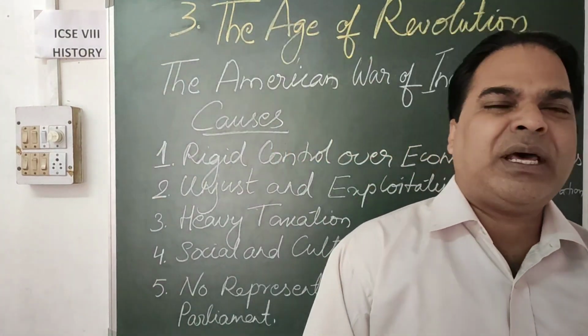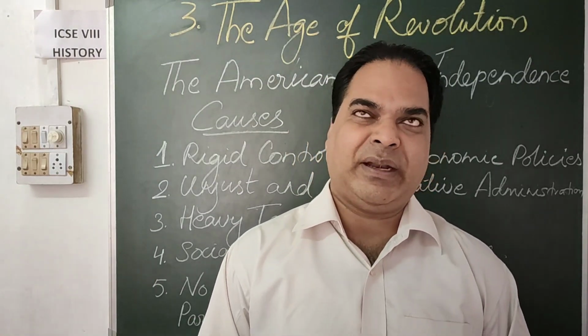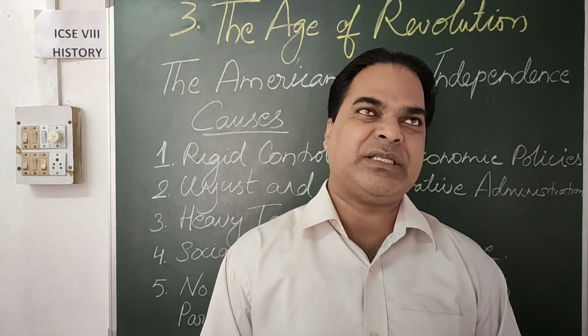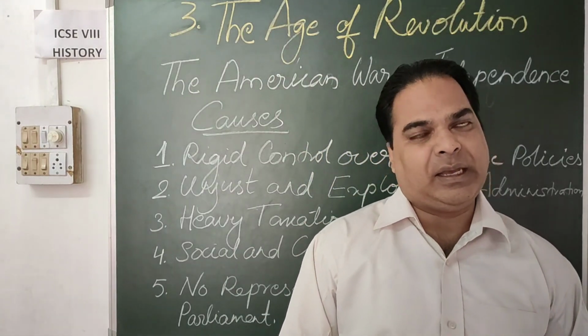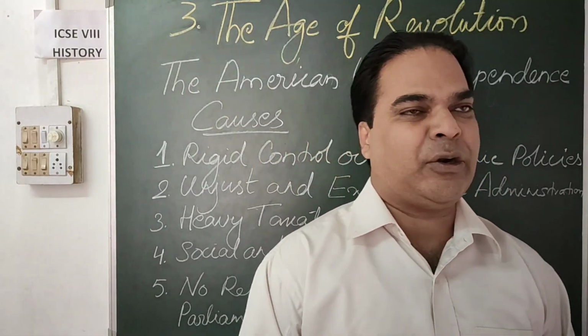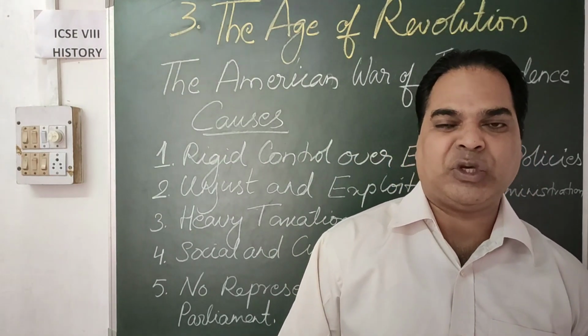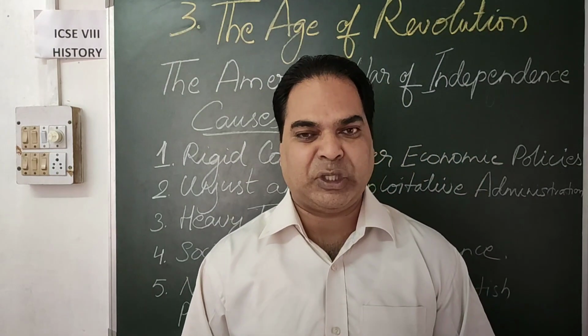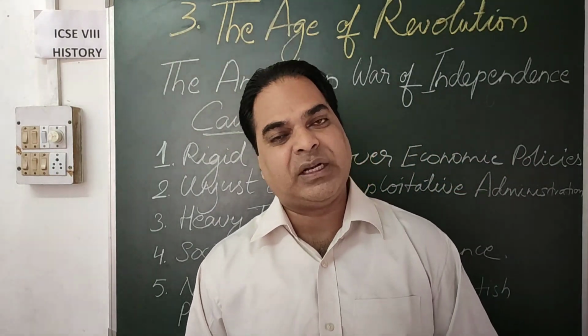Okay, so now the American War of Independence. Why was there a war for independence? North America was discovered by Christopher Columbus, and later on many people from Britain and France who had been facing religious persecution went and settled there in the form of 13 colonies.